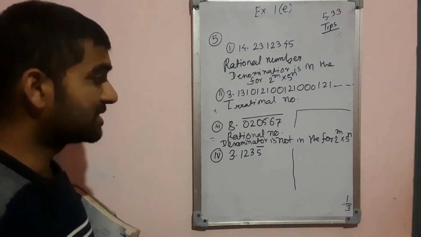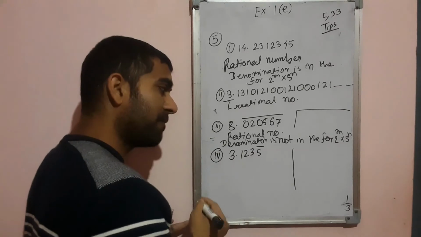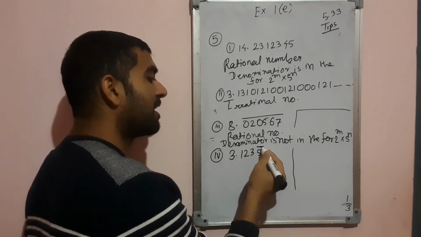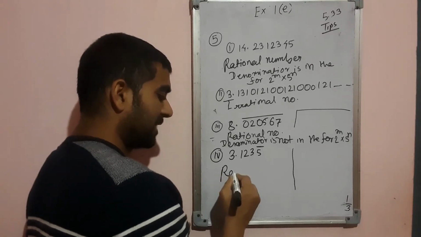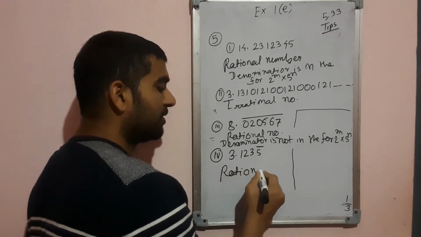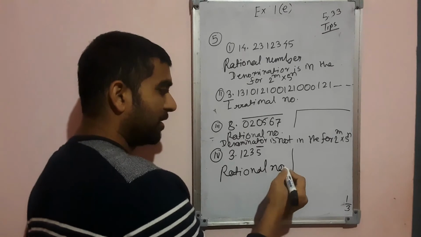What about this question? Same. Yes, we can write in the form of P by Q, because bar, and we have solved already. So it will be what? Rational number. But what about the denominator?